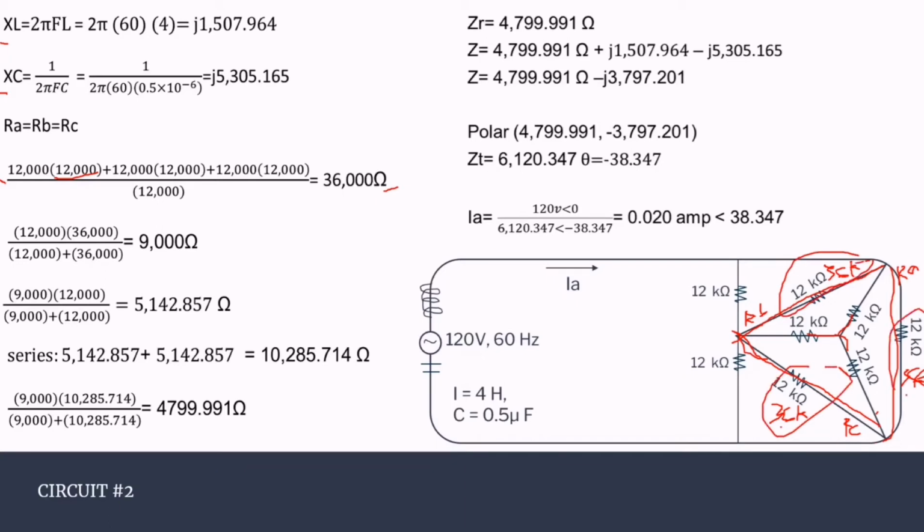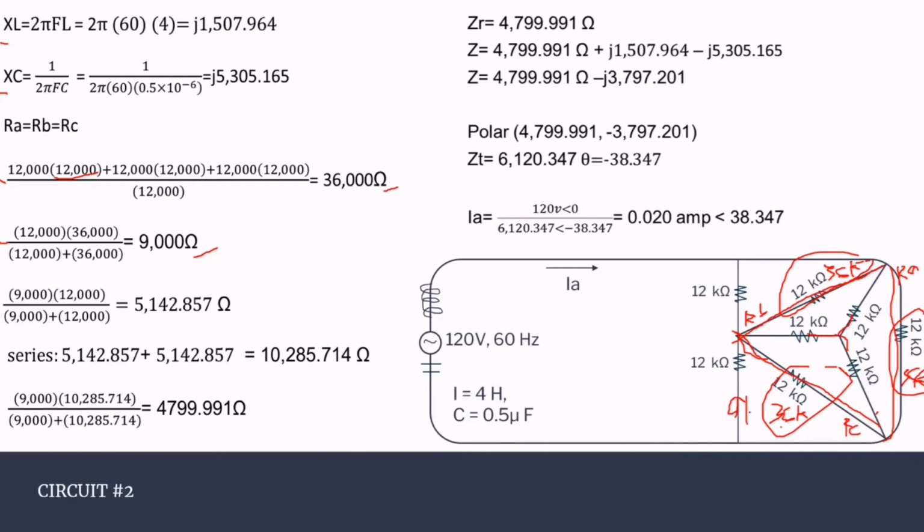We're going to use the parallel formula. 12K times 36K over 12K plus 36K is equal to 9K ohms. So 9K will be the new value of each side.